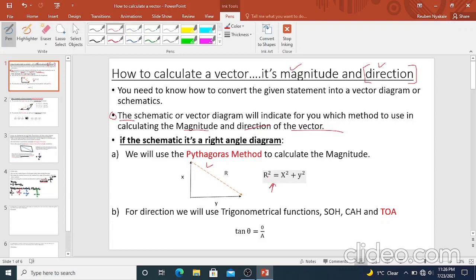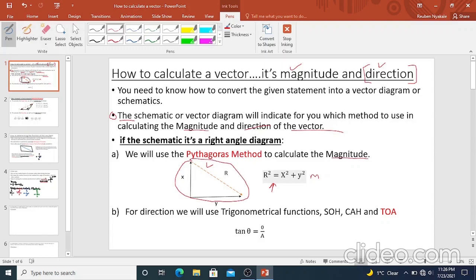But that which will indicate for you which method to use is the vector diagram itself.